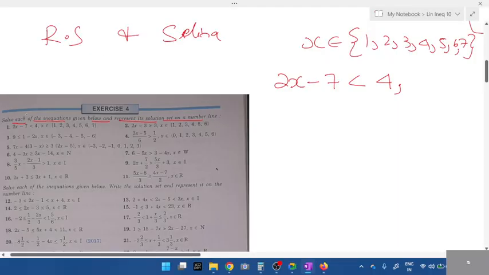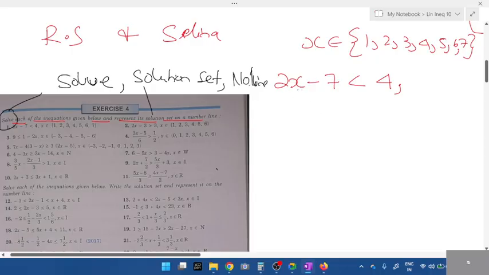So the three keywords here are: first we need to solve the equation, next represent the solution set, and the third one, number line. Remember these are the three things required.